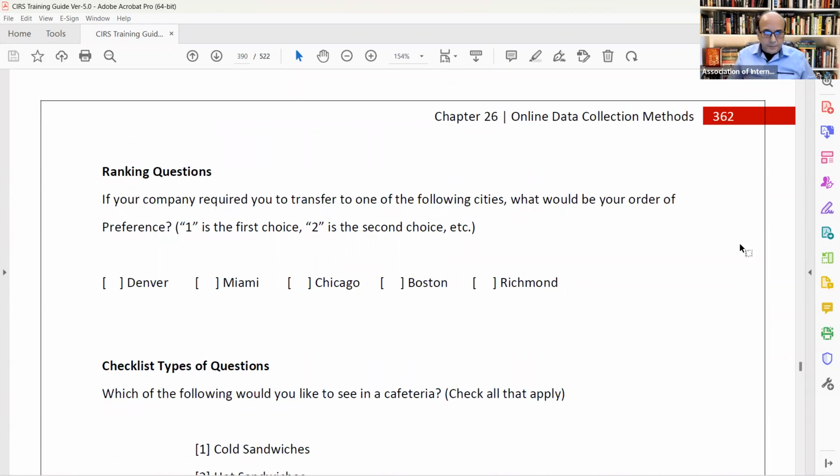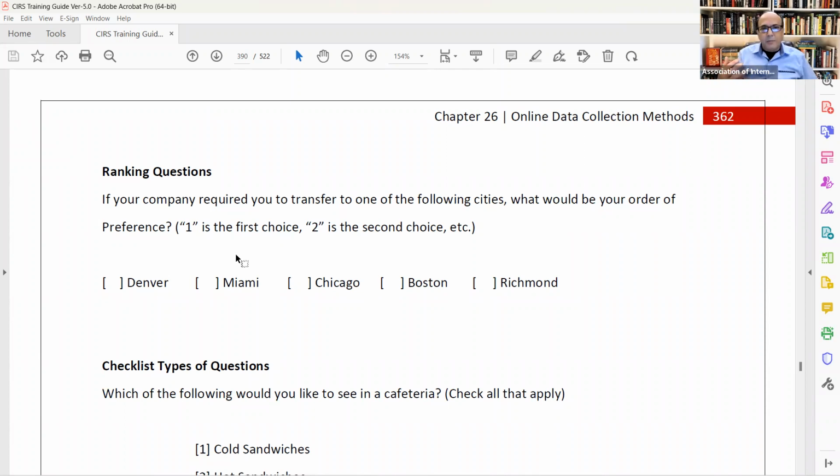Ranking questions. Ranking means that you have a choice as first, second, or third choice. You're not saying that you don't have an answer for something, or you are placing your subject in the survey to have to answer within the choices, which would definitely require a number to be put into it.